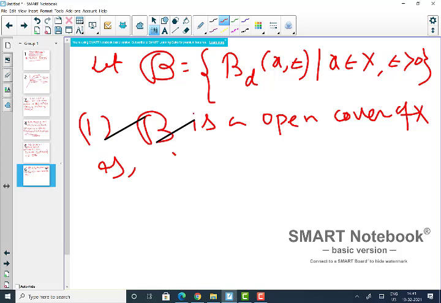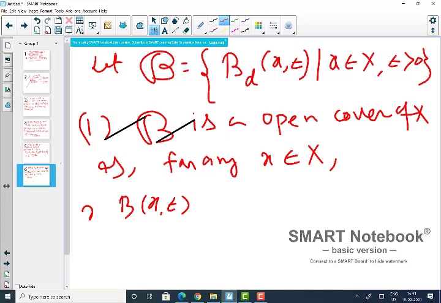For any x belonging to X, x always belongs to the ball centered at x, for any positive epsilon. What does that mean? That means this collection will cover all the elements of X. It's obvious.